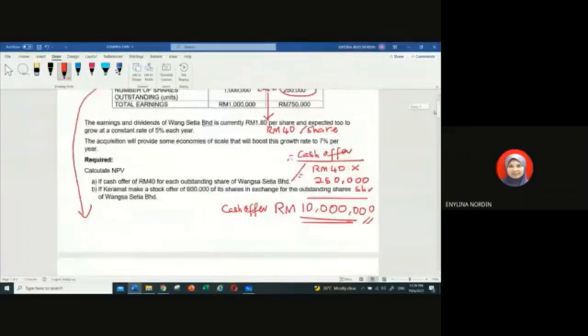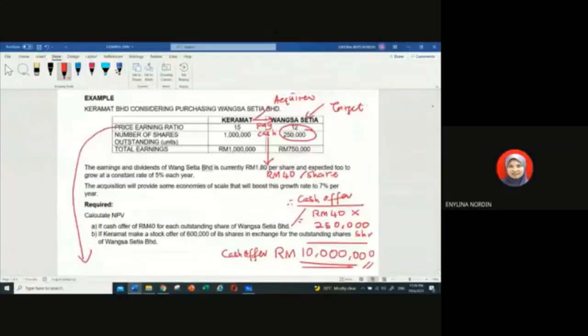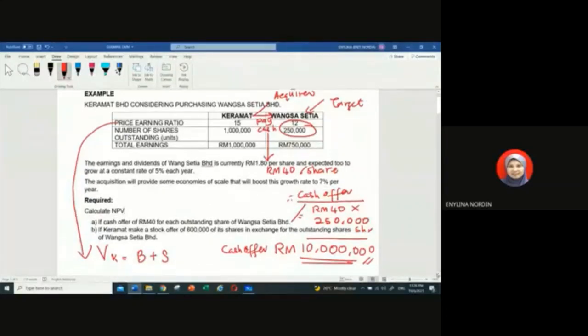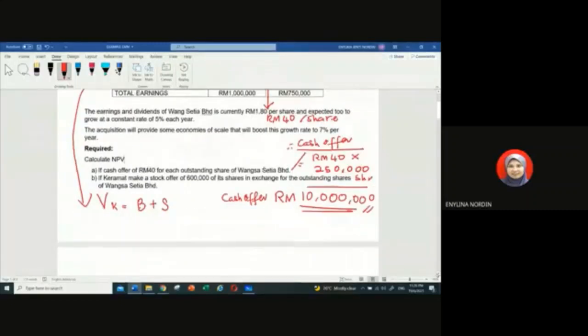Again, we need V Keramat equals D plus S. There are no debts outstanding in Keramat, therefore debt will be 0, and you plus the current market price per share of Keramat multiplied by the current number of shares outstanding.